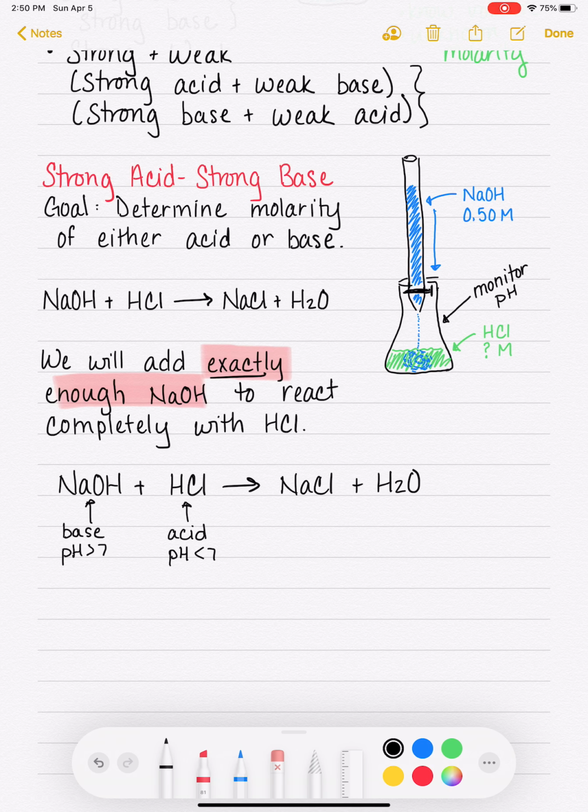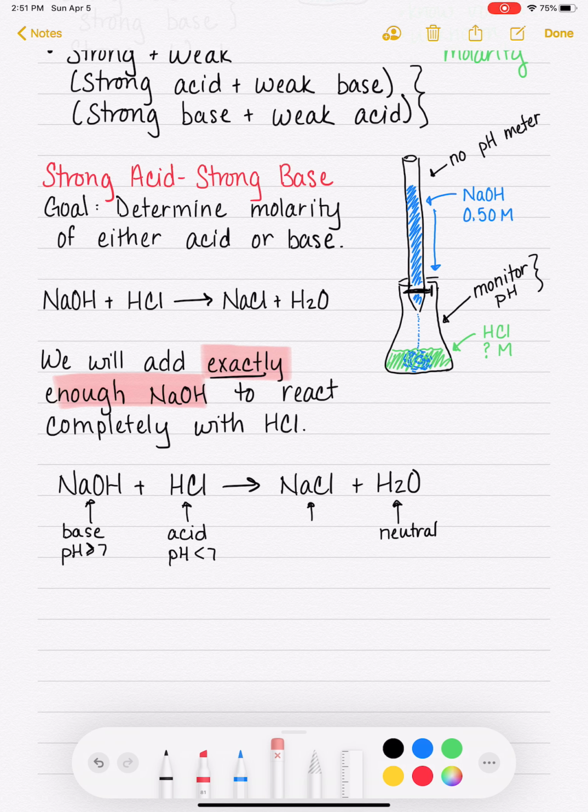We're not going to put a pH meter up inside the burette because A, it's not going to fit, and B, having just one pH meter is plenty. We don't need to have 2. As NaOH and HCl react, they're going to produce sodium chloride and water. Water is neutral in terms of its pH, so its pH is equal to 7.